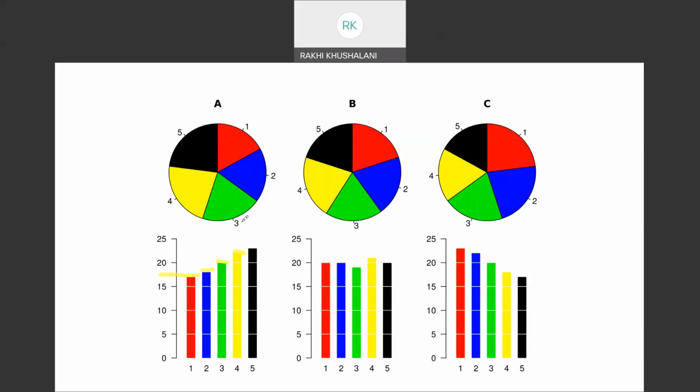And the black portion is representing the highest, whatever data it's representing. So the same thing is being represented here in the bar graph also. See here, the black is the least portion. So in your bar graph also, that's the least sized bar. तो दोनों तरह से हम हमारे डेटा को रिप्रेजेंट कर सकते हैं.